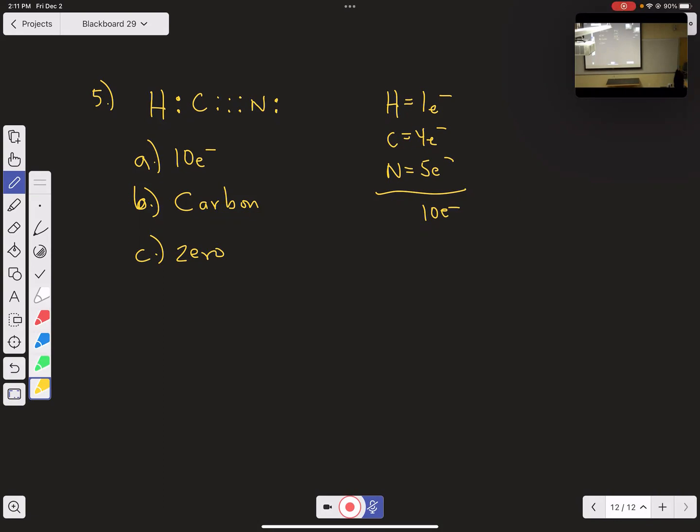And then the next question, there are blank single, double, and triple bonds in this molecule. So in this molecule, right, we've got 1 single bond between carbon and hydrogen. So blank D would be 1 single bond.